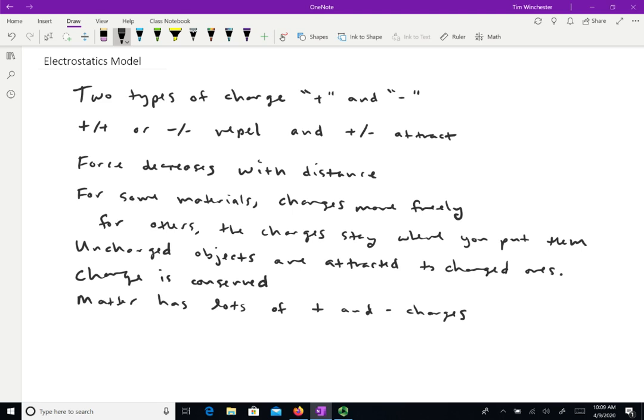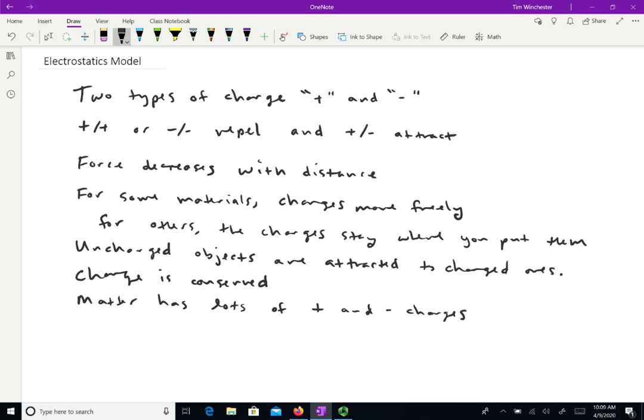Okay, so from a more modern view, we know that matter is built up out of positively charged nuclei and negatively charged electrons. So in fact, all of the matter is positive and negative charges. There aren't any of the parts that are entirely neutral unless you bring together positive and negative charges.